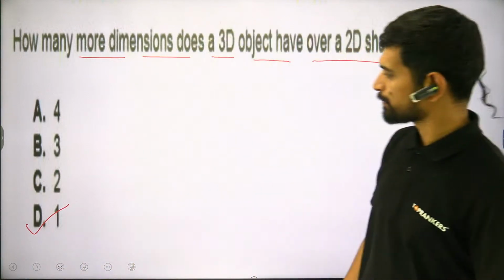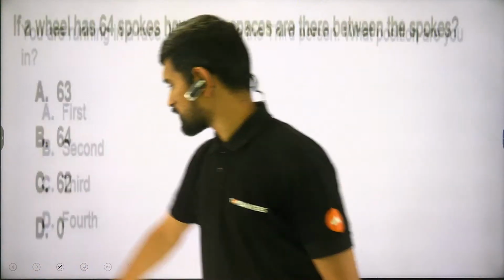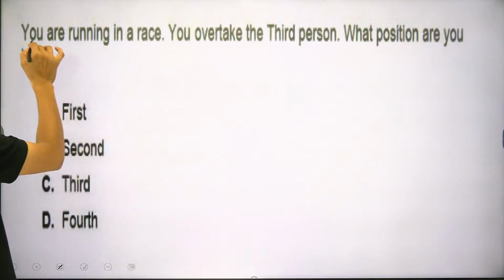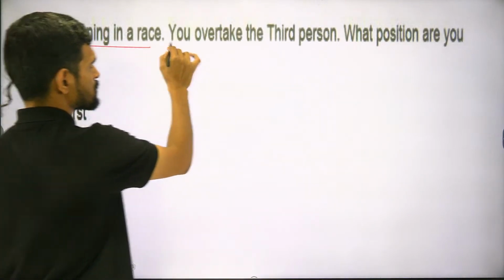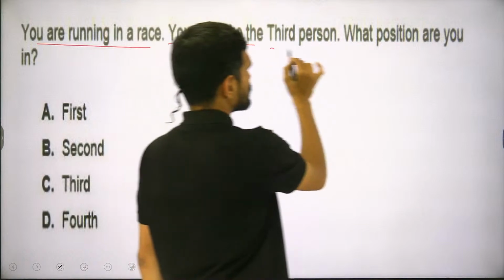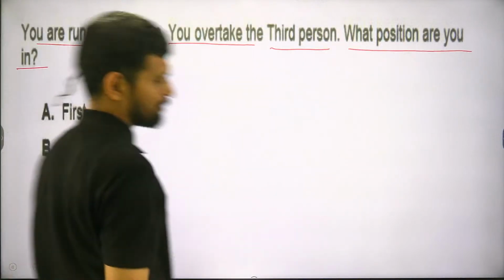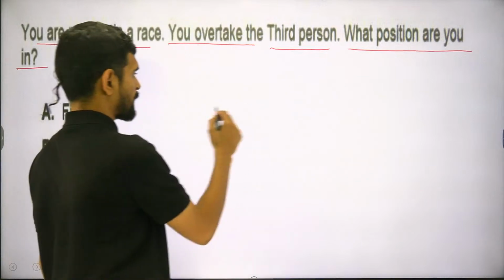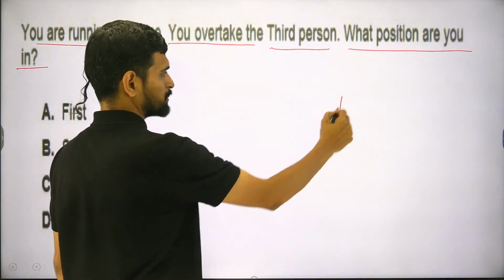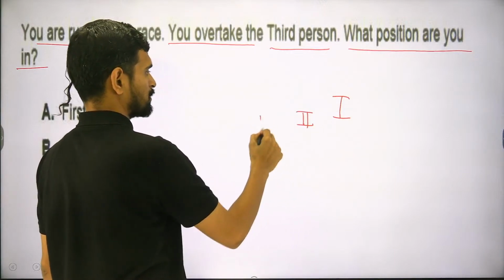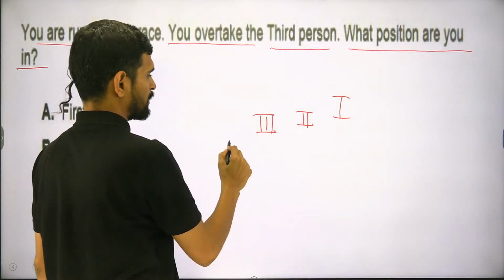Next we have: if you are running a race and you overtake the third person, what position are you in? So say first position, second position, third position, and here you are.